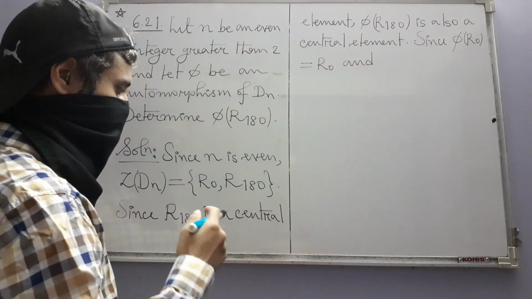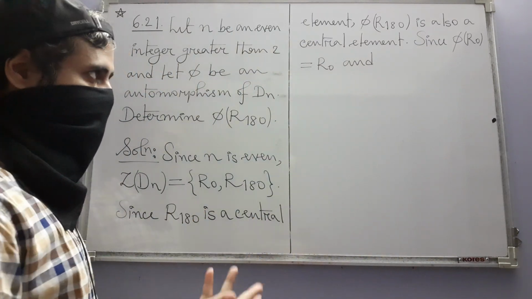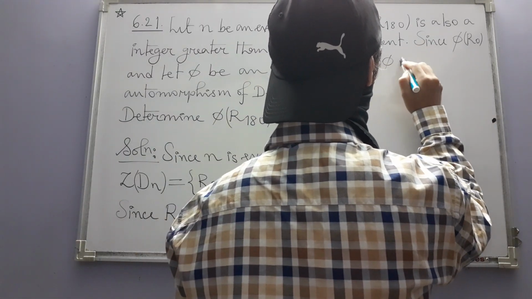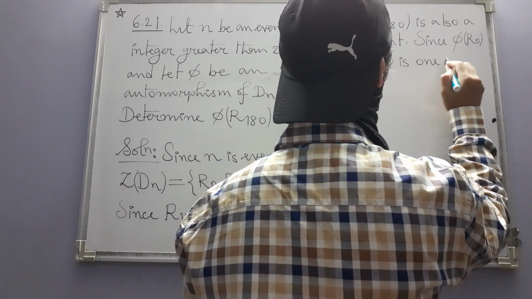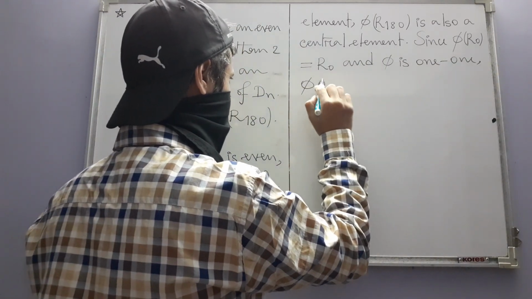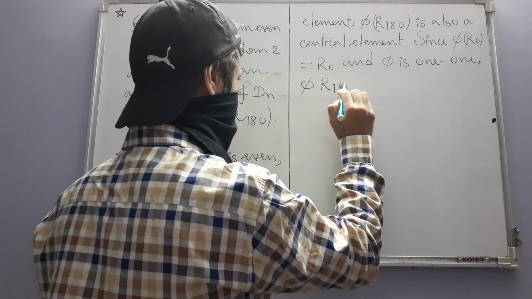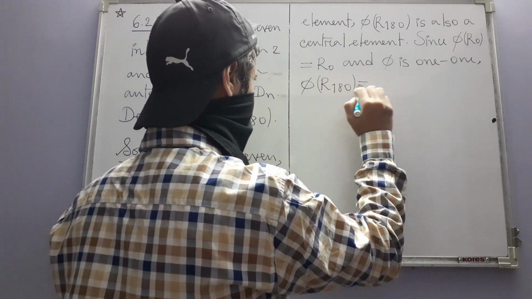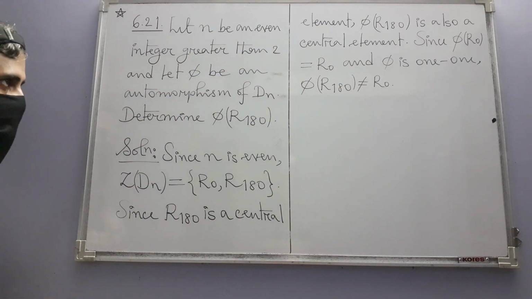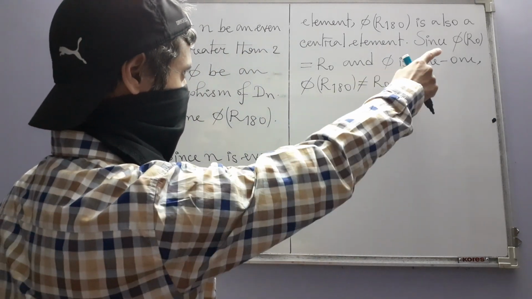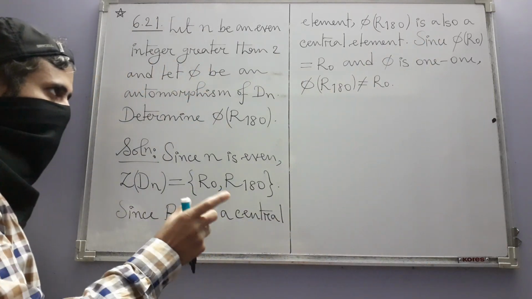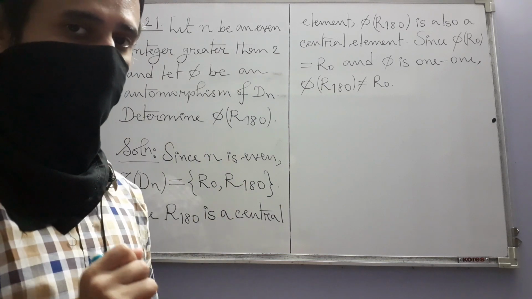since phi has to be an isomorphism, that means it's 1 to 1. So this cannot be R0, because otherwise two different elements R0 and R180 will have the same phi image, and that will violate the one-to-one-ness of phi.